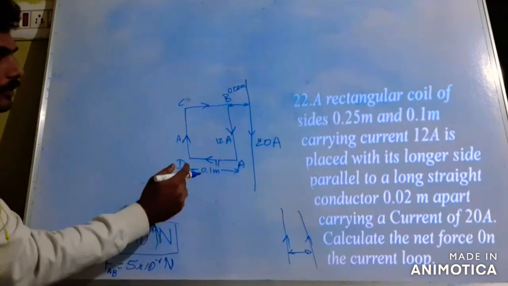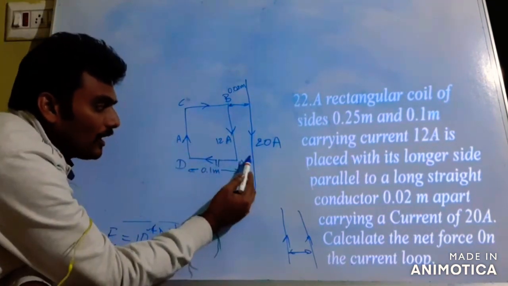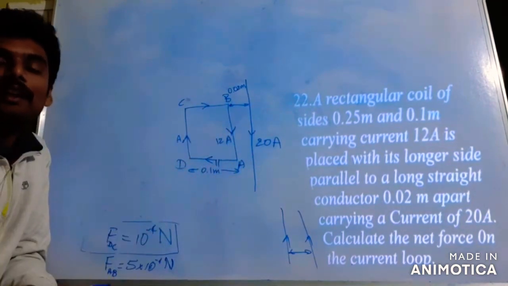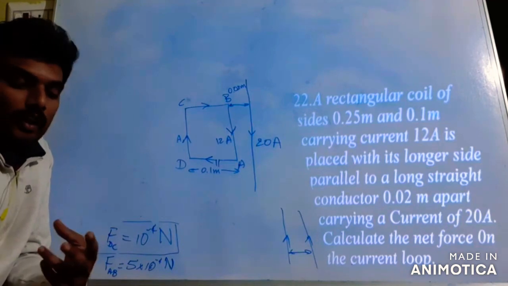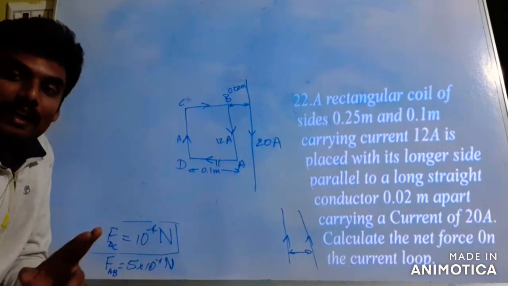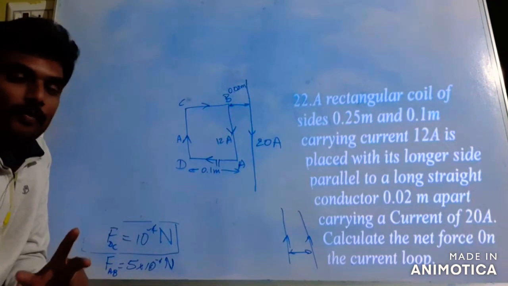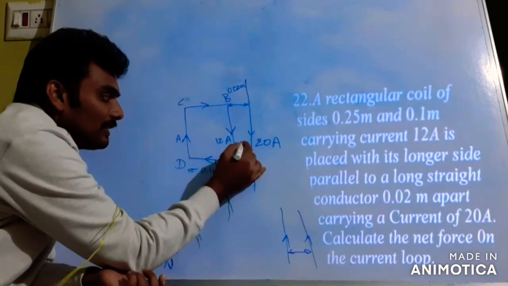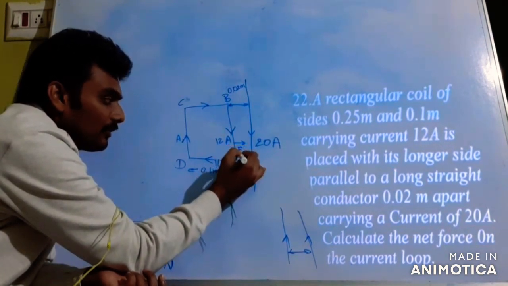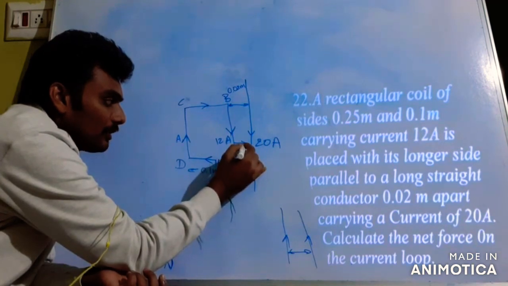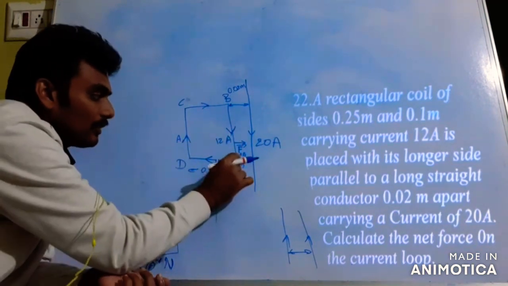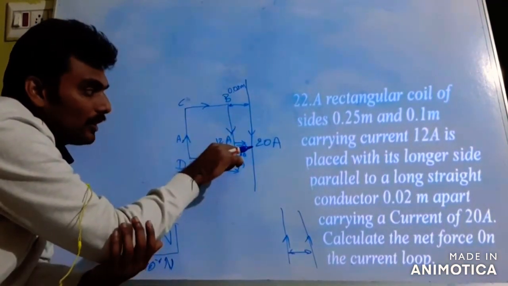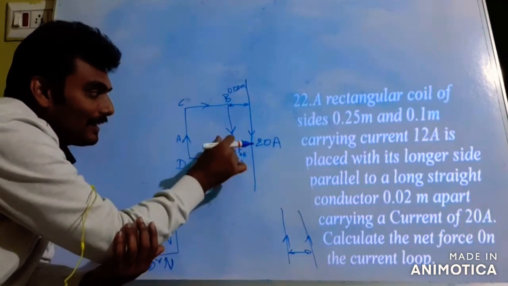These two currents are parallel, meaning the current in AB and the long conductor are in the same direction, which means they are like currents. And we all know that like currents always attract each other and unlike currents repel each other. So part AB will experience a force in this direction, towards the long conductor, because they are like currents and they attract.